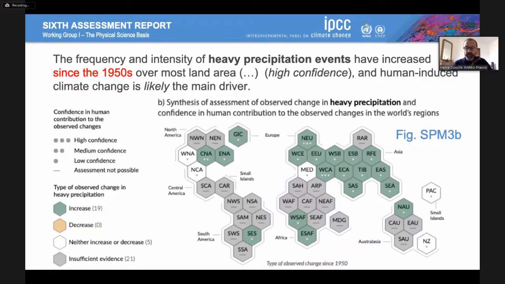At least in most of the IPCC AR6 regions where we have enough data to make such an assessment possible, as shown in grid in this figure. And also, circulation changes may alter where and how often these more severe, more intense agroclimatic events will occur.